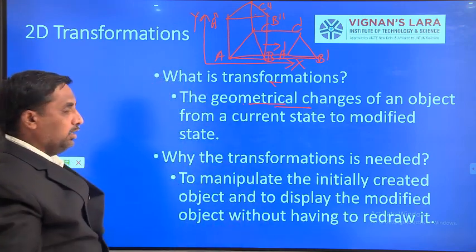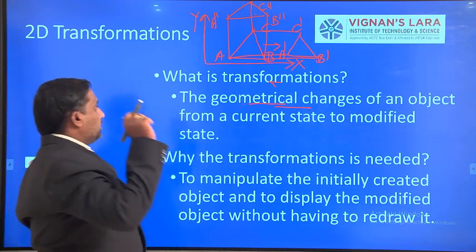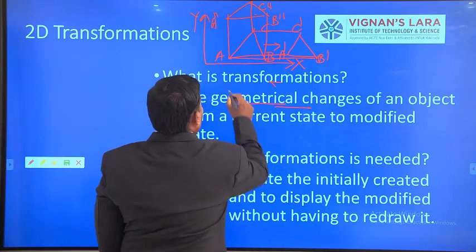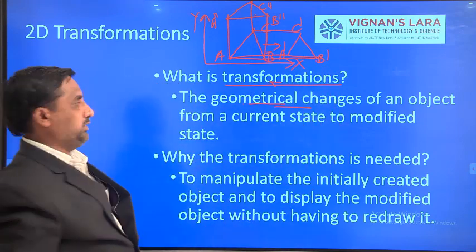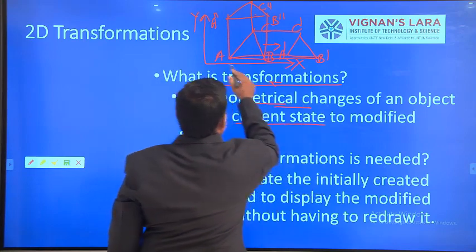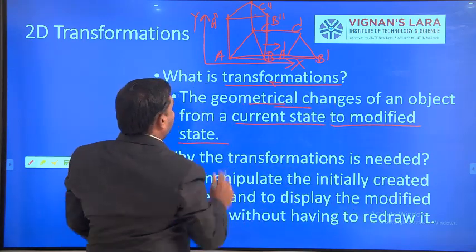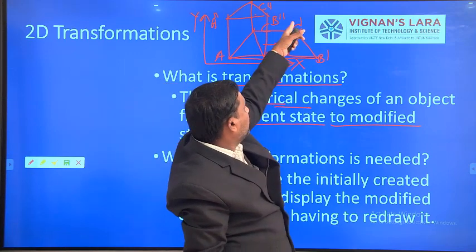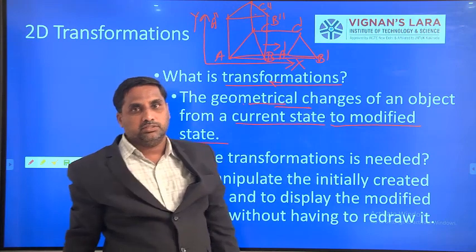All these are called geometrical changes, or transformations. So from the current state ABC, the modified state may be either A dash, B dash, C dash, or A double dash, B double dash, C double dash.